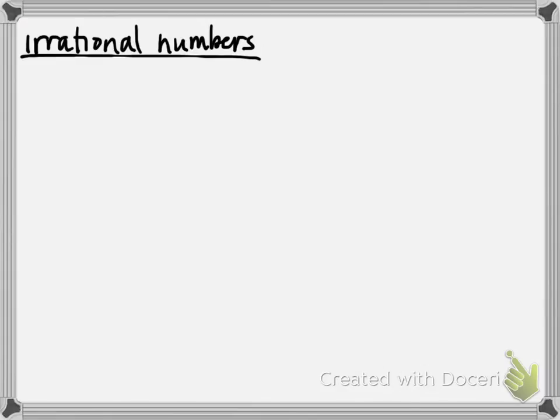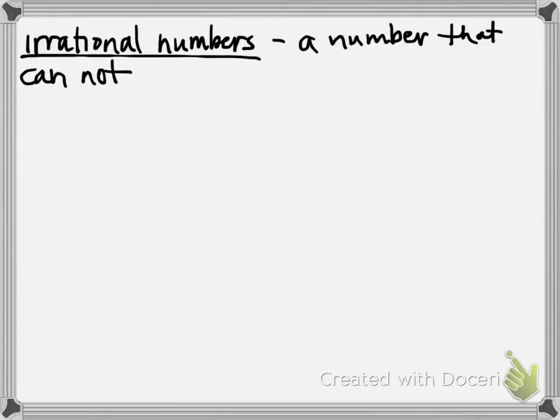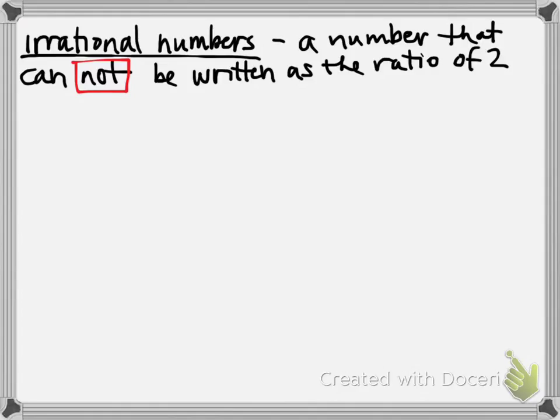Now, I'm going to give you the definition, and then we can add those two ideas into the characteristics, okay? So an irrational number, and this is going to sound kind of familiar to you, is a number that cannot, and I'm going to box that word not, be written as the ratio of two integers.